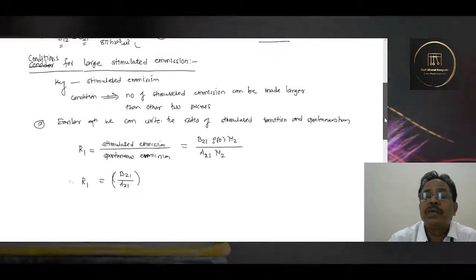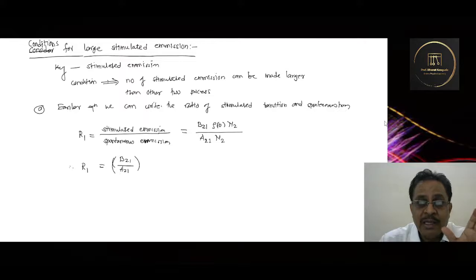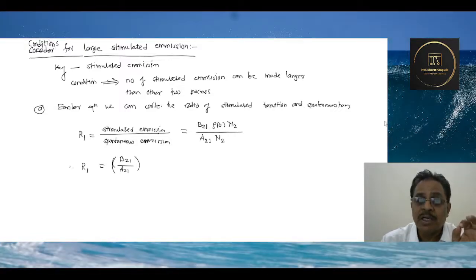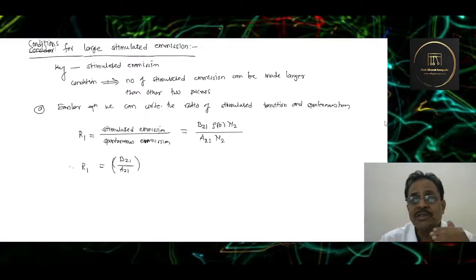We are going to get one important expression based upon what we have seen here. Remember, for any laser action to be there, or laser radiations to be produced, we must have a large number of stimulated emissions. So stimulated emission is said to be the key for such large numbers of radiations. To get a laser in good magnitude, we require a large number of stimulated emissions, and the problem is how to increase this number.